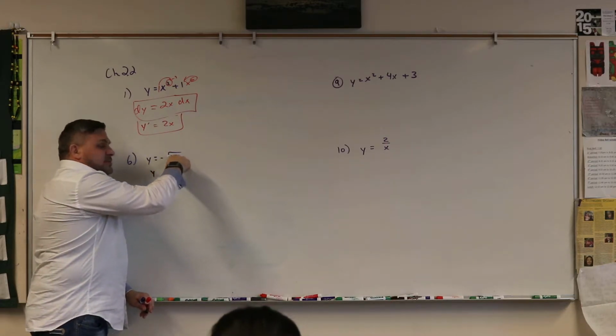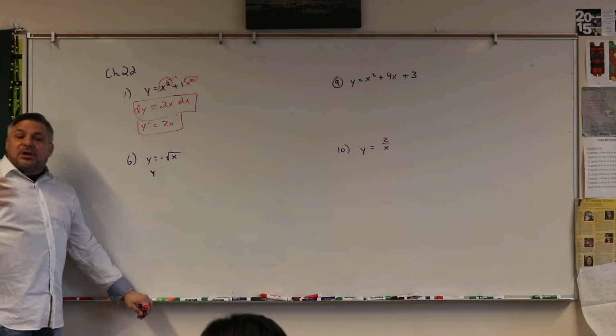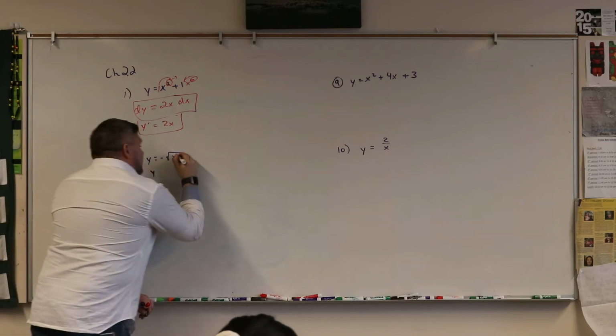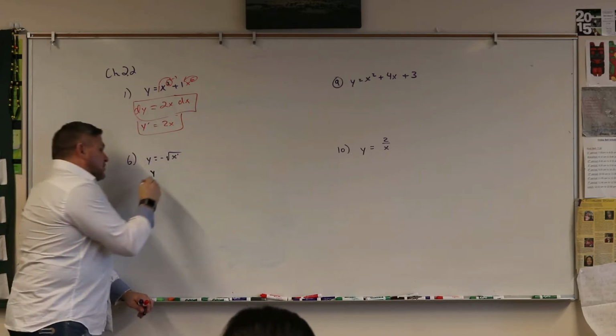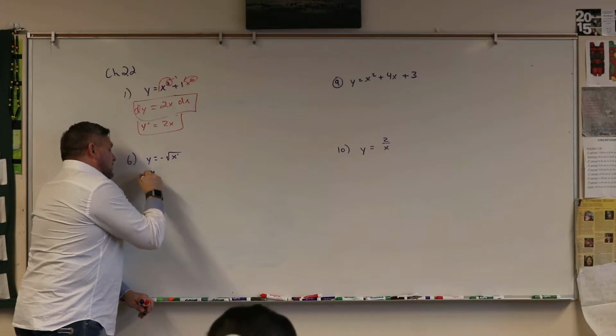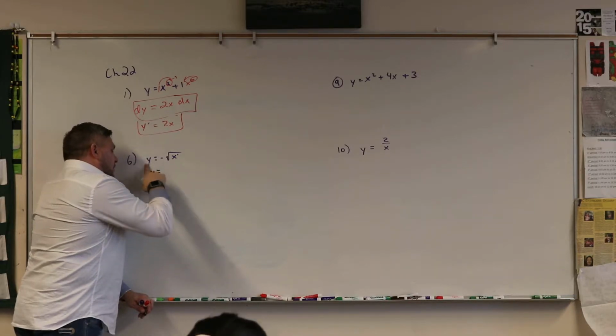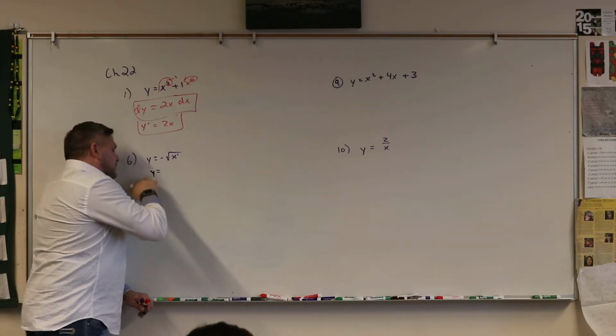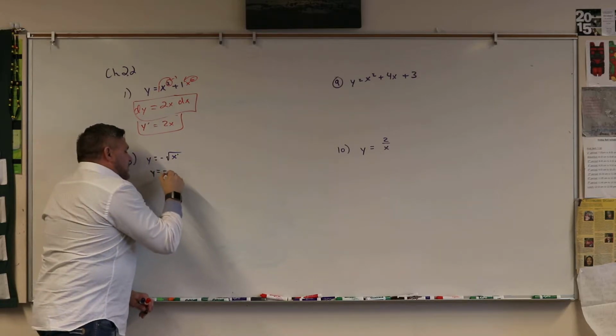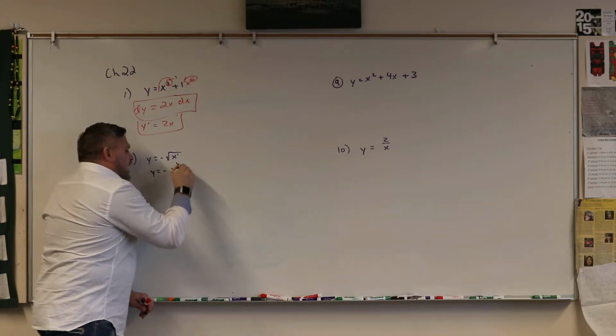Now, if this was cubed, it would be 3 over 2, right? But because there's a 1 here, we're just going to adjust it. y will equal negative x to the 1/2.